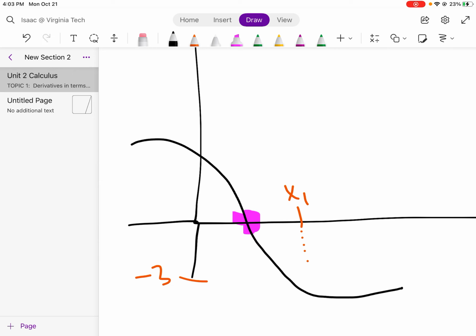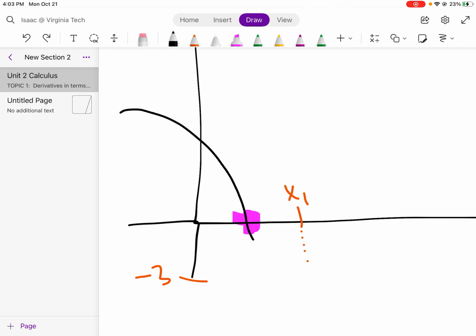So the tangent line right there would be something like, I'm trying to just choose an example that's at that point. Let's just say that the tangent line is there.